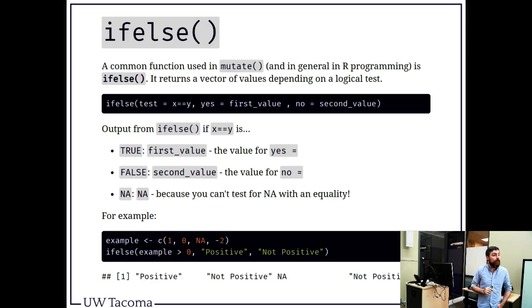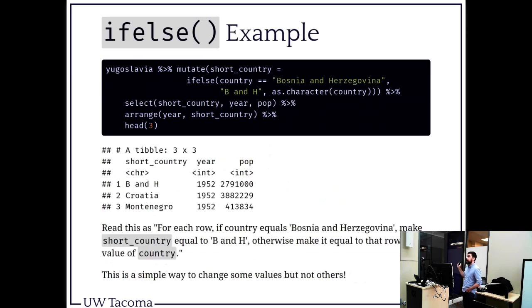NA is not a valid thing to test, so it returns an NA, and -2 is not greater than 0, so it returns not positive. Very simple logical test. This is a way to convert a bunch of trues and falses. That test, example greater than 0, is just a bunch of trues, falses, and NAs. If-else converts those trues and falses into values. Okay. It's very useful.